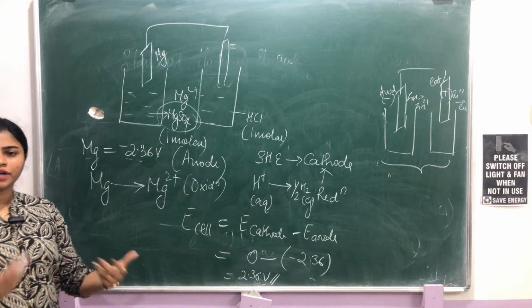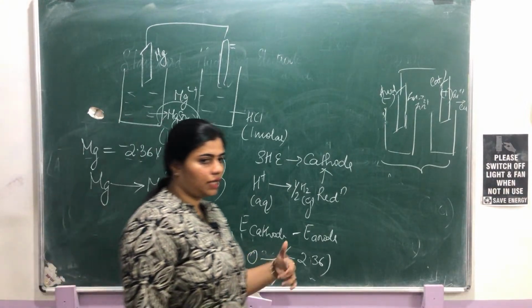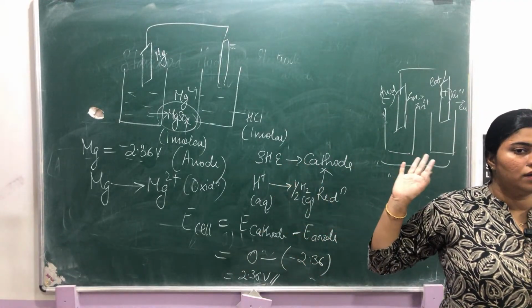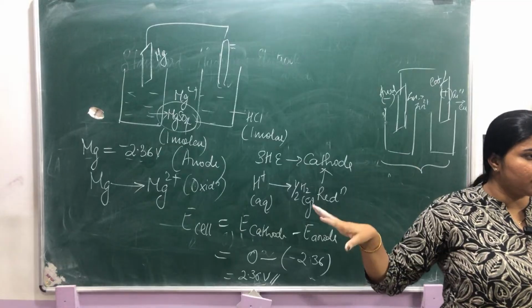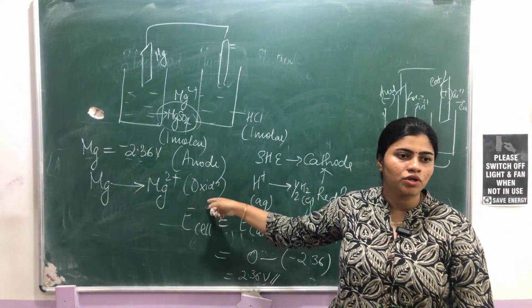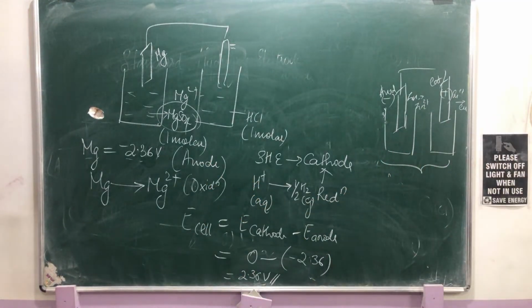I'm not explaining the complete system, but you have understood, right? Why will it become a stronger reducing agent? Because it will undergo oxidation. Why will it undergo oxidation? Because it will be in the anode. Yes, clear? Now write down the next one, measurement of copper.